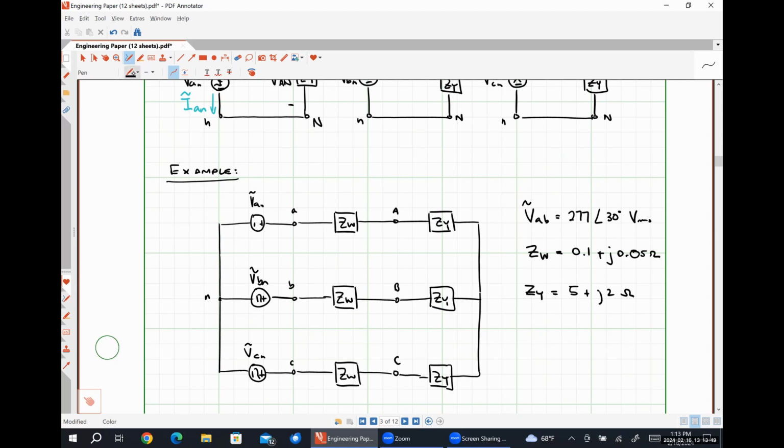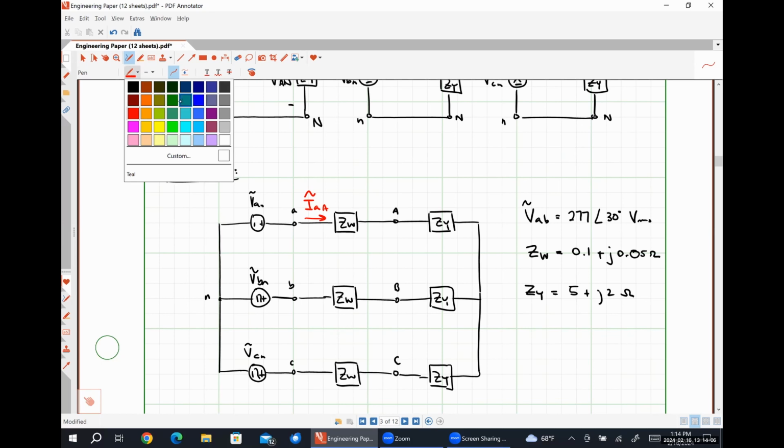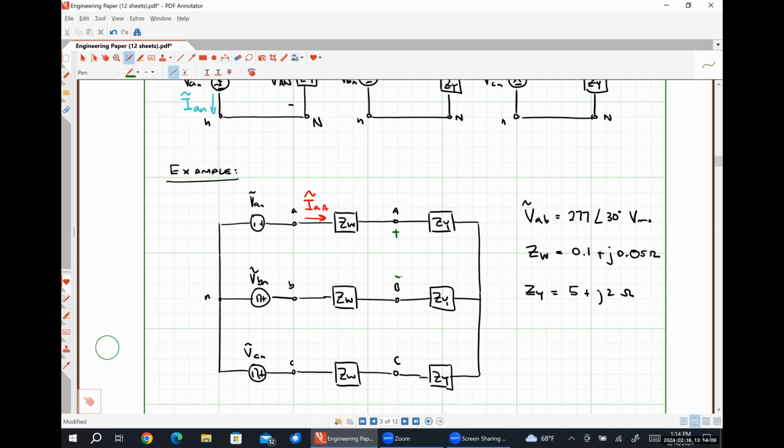And I'm interested in determining my line currents as well as my line voltages at the load. Let me go ahead and explicitly draw these line currents as well.